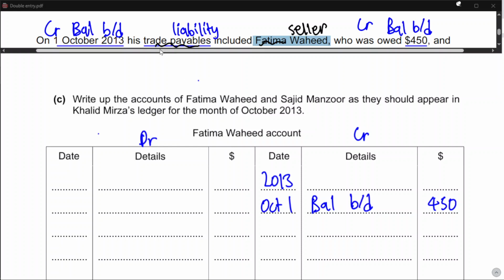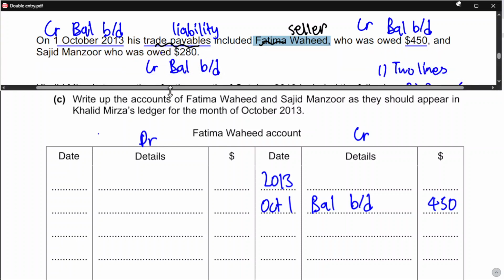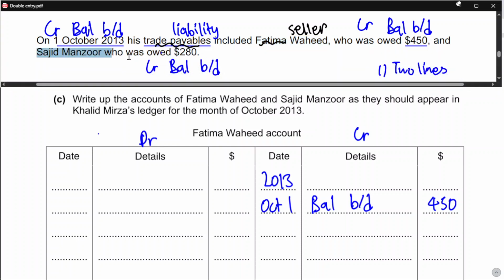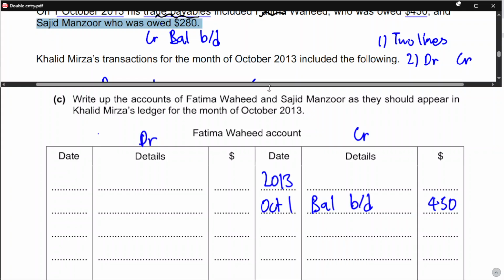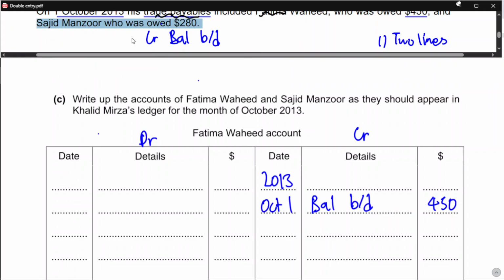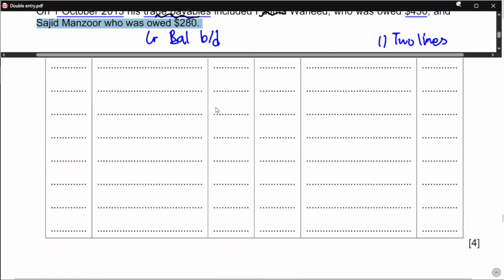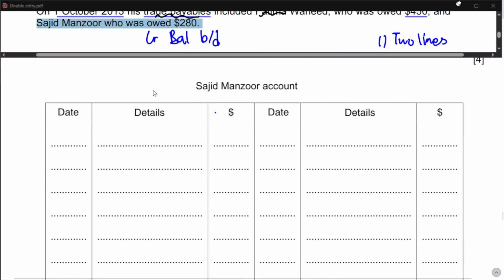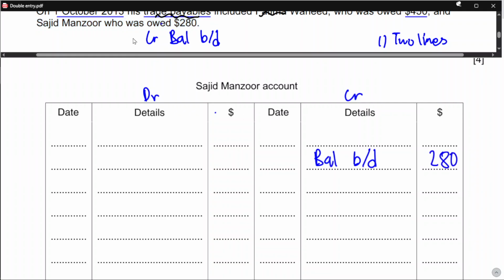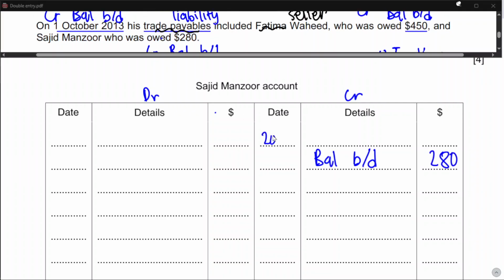Next line, Sajid credit balance BD by 280. Also the date will be the same.